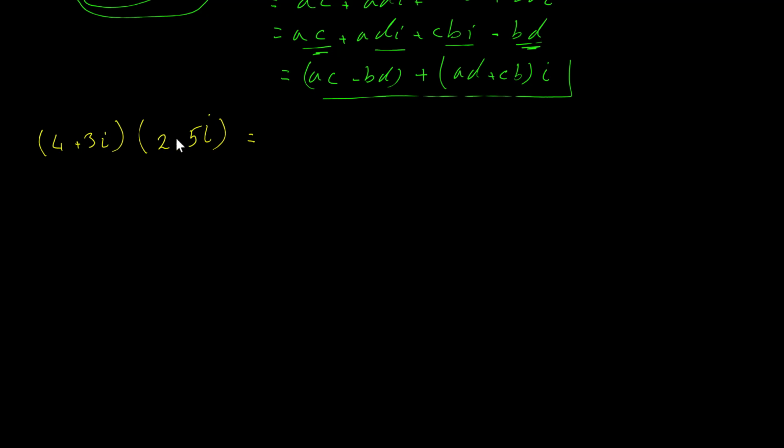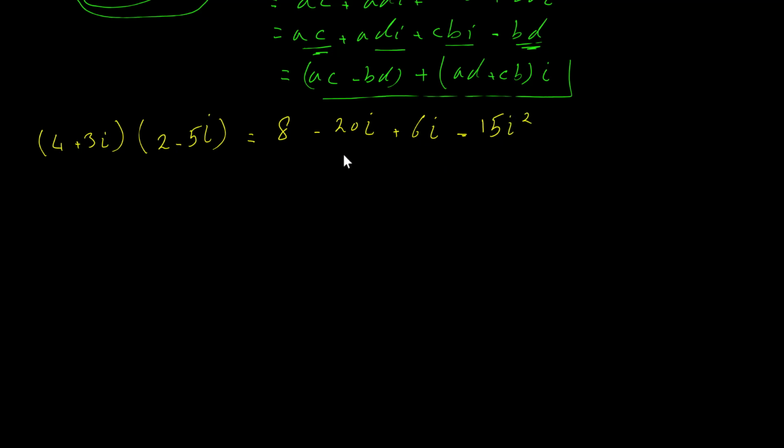All right, so 4 multiplied by 2, 8, minus 4 multiplied by 5i, we get 20i, plus 3i by 2, 6i, 3i times minus 5i, so we put the minus here, 15i squared.